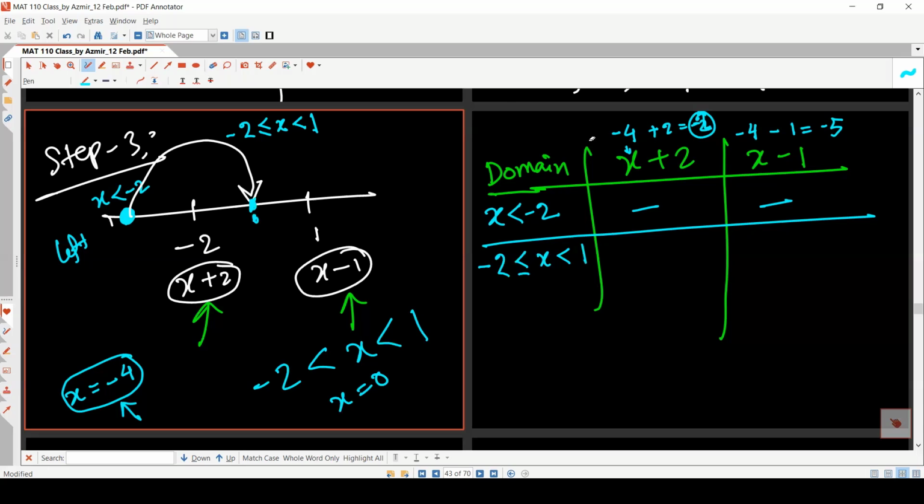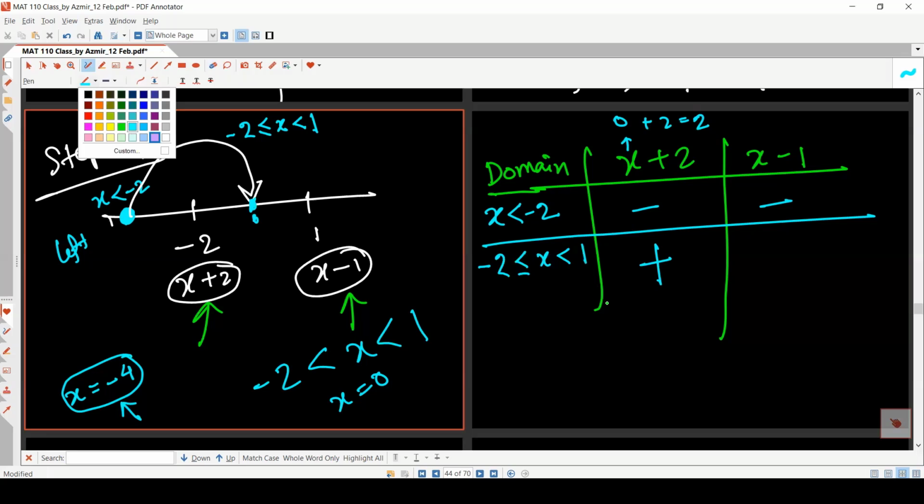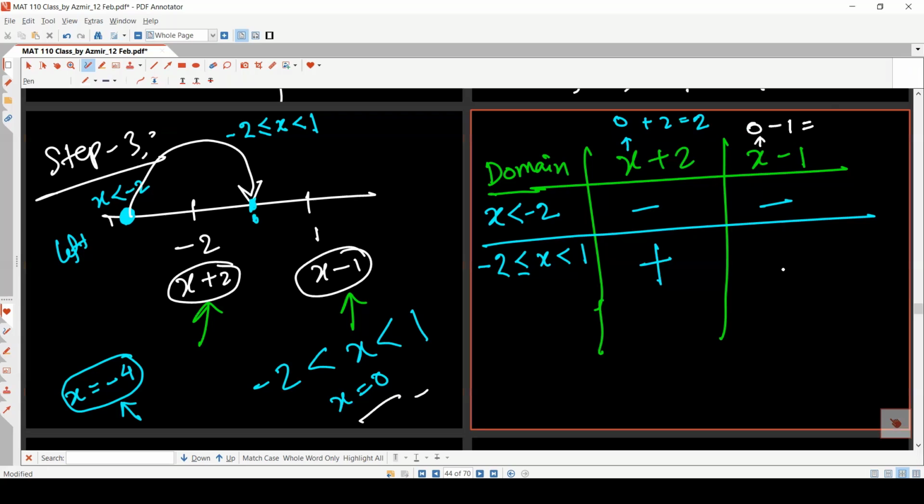If we input x as 0, 0 plus 2, the result is 2. That means plus 2. The sign of the result is plus. Now, if we input the same value, 0, here, 0 minus 1, the result is minus.